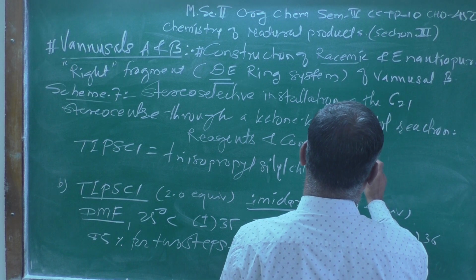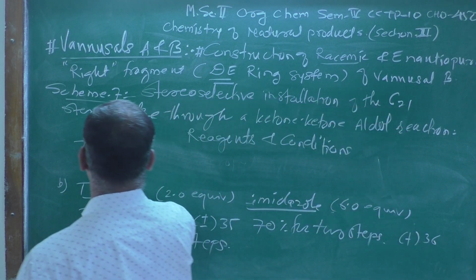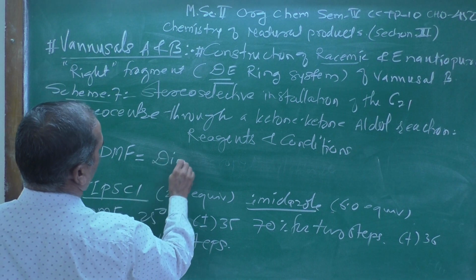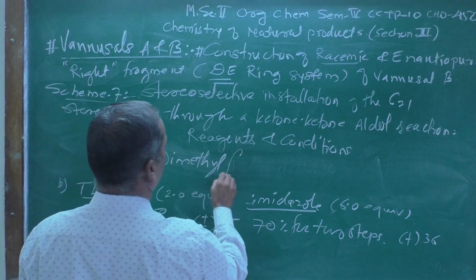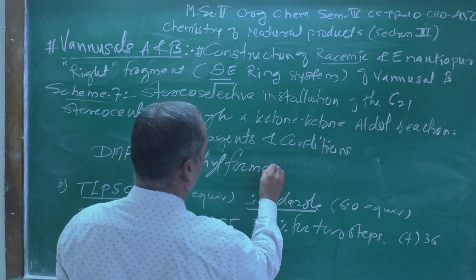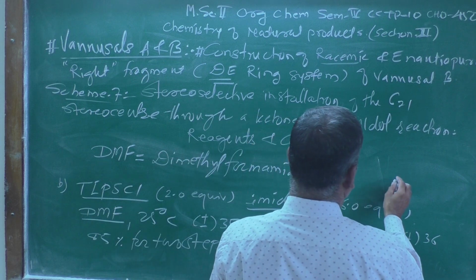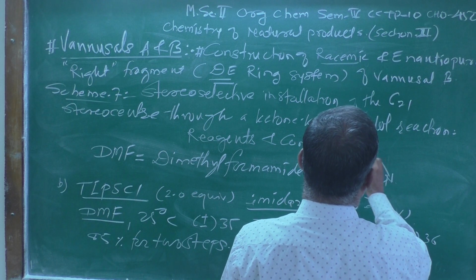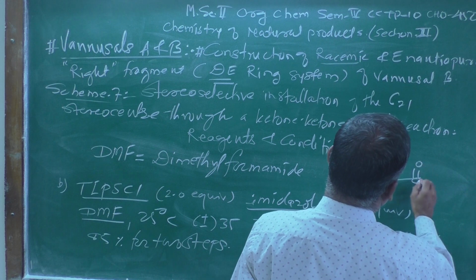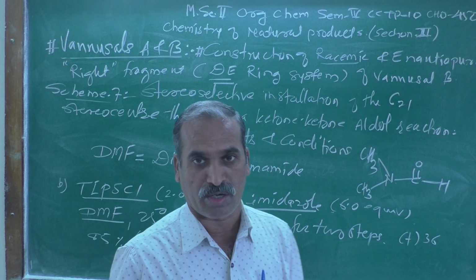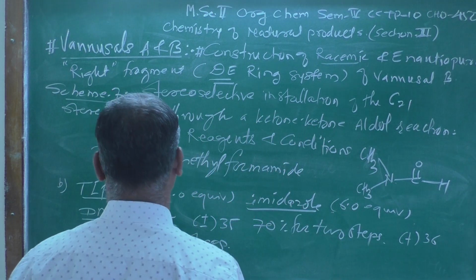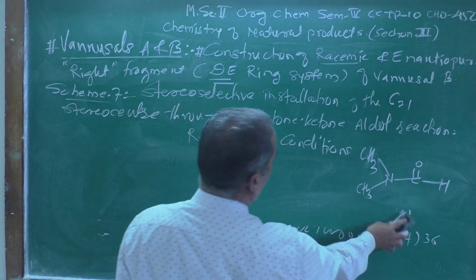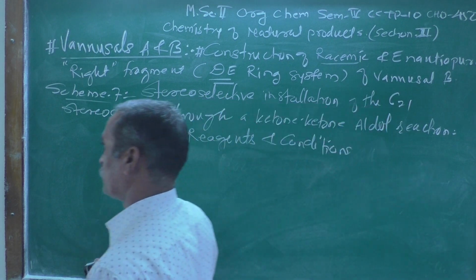Then DMF is nothing but dimethylformamide, and its structure is this one: there are 2 methyl groups attached to the nitrogen and 1 formyl group, C double bond O, and that is the structure of DMF, dimethylformamide. The rest of the thing you know. Let us see the next structure.